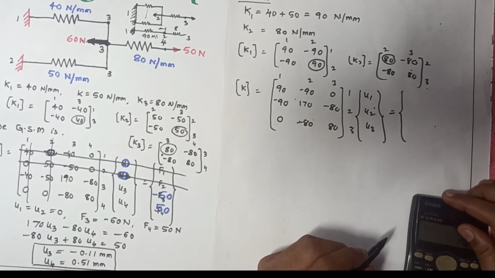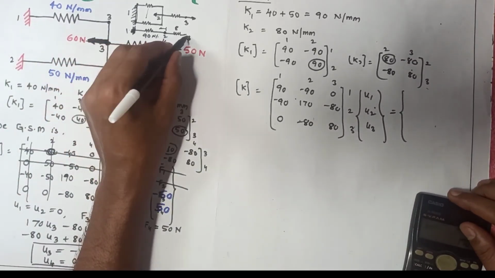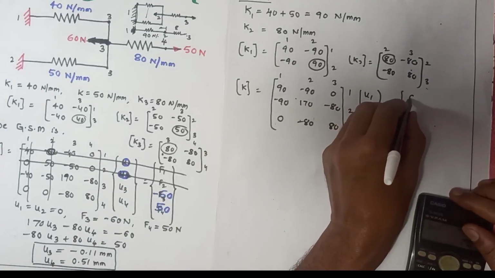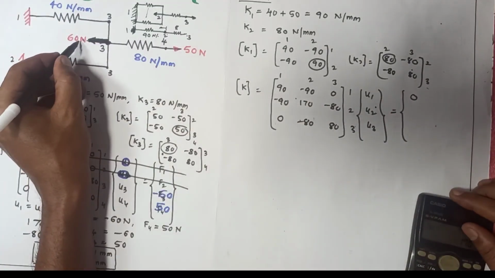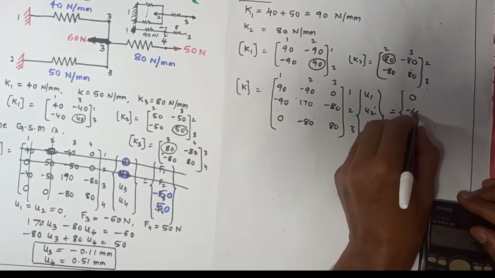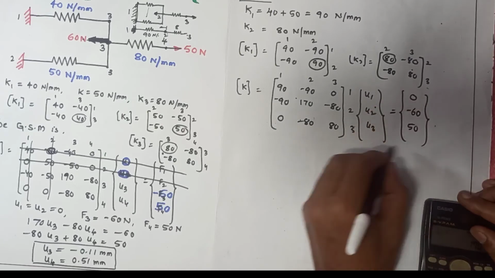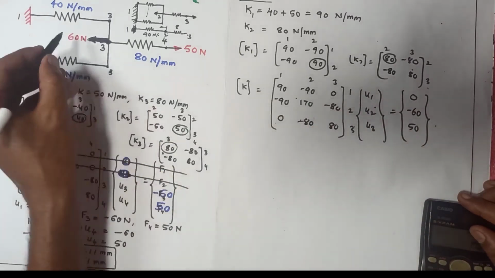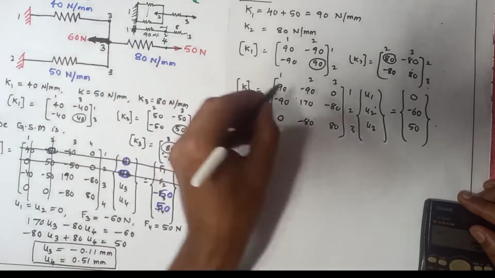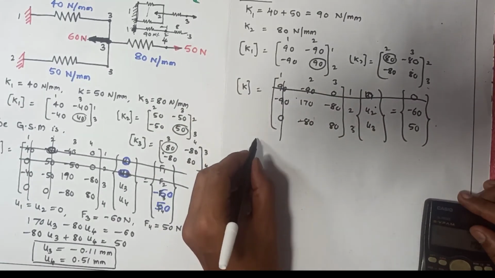So what are the F values? This is F1, F2, F3. At F1 it will be 0, and at F2 the applied force is 60. It is towards the left, that is why it is minus 60, and at F3 it is 50. Now what are the displacements? At 1 it is fixed, so it will be 0 here. So the first row and first column will be cancelled.